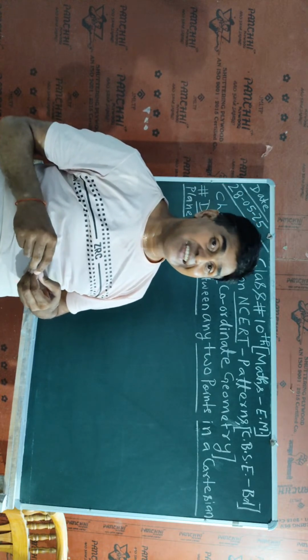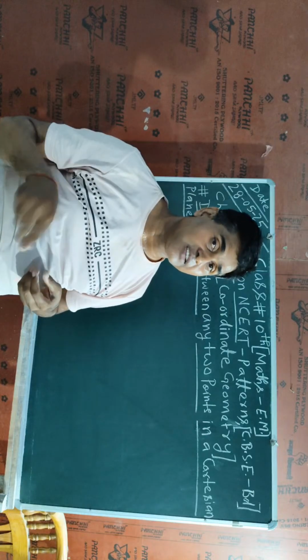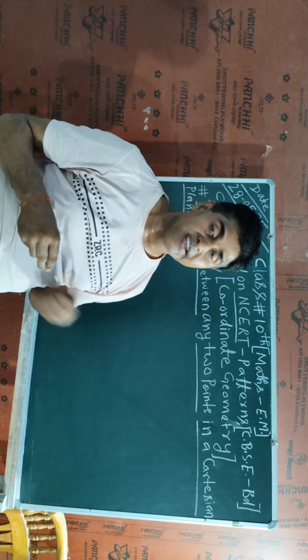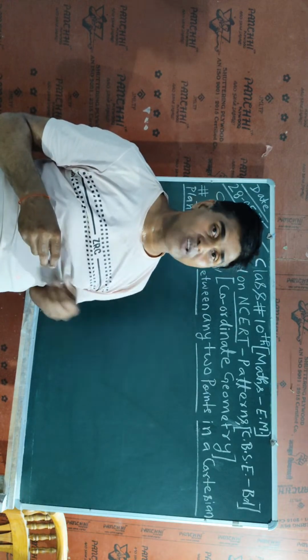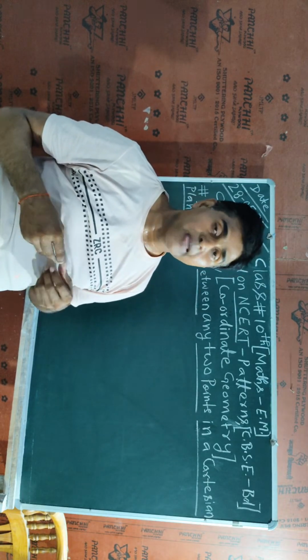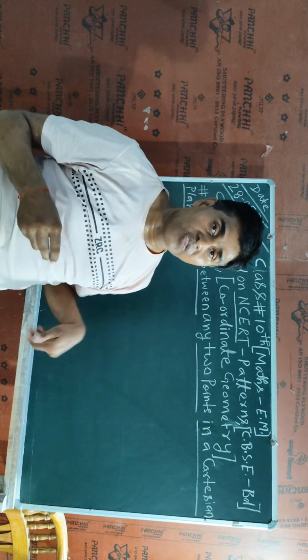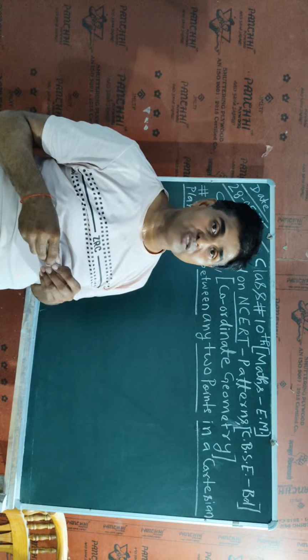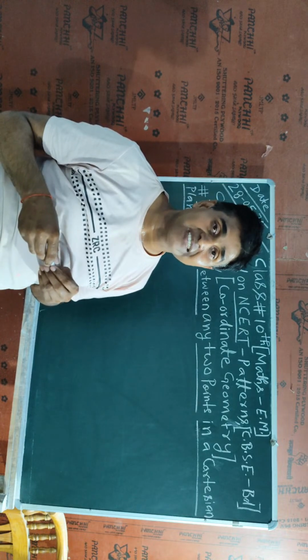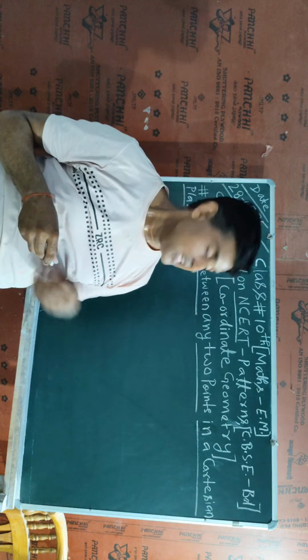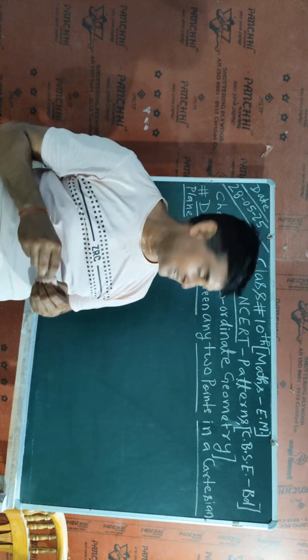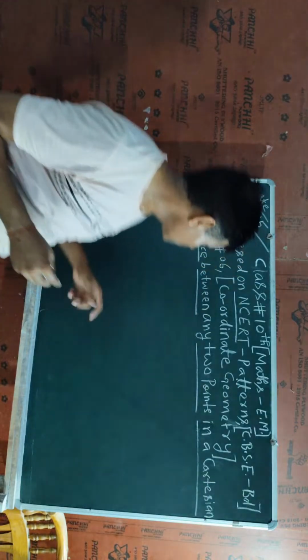Now in 3D, that is three-dimensional coordinate geometry, I also read this concept, because in 2D I know only about the x-axis and the y-axis, but in 3D I will also read one additional axis, that will be the z-axis. So it is a very important topic.